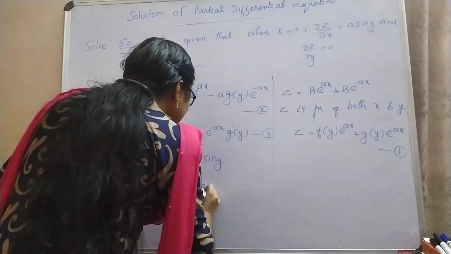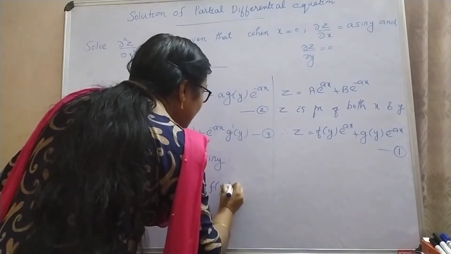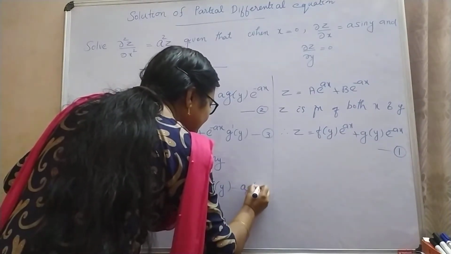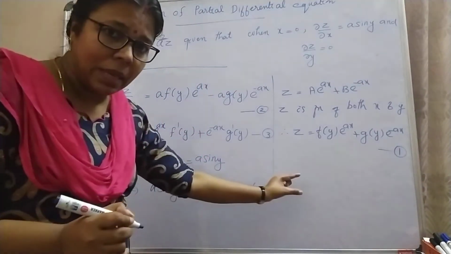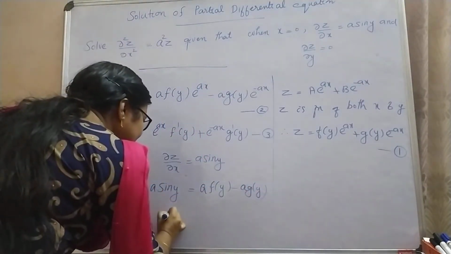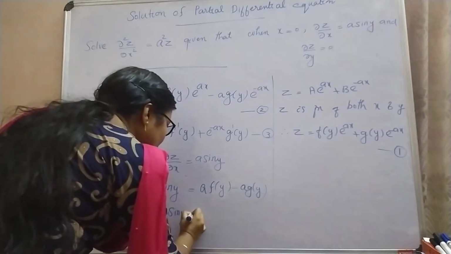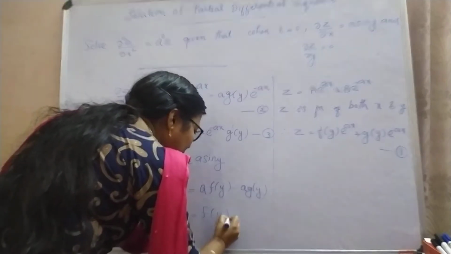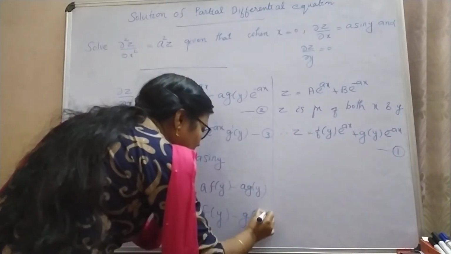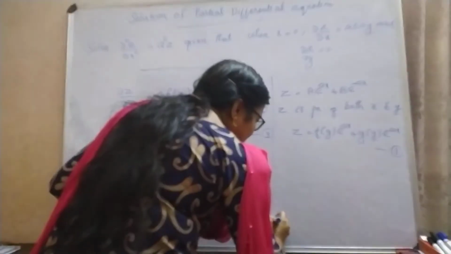Therefore, we get a f(y) − a g(y). This a will be cancelled. Then we get sin y = f(y) − g(y). Put it as equation number 4.